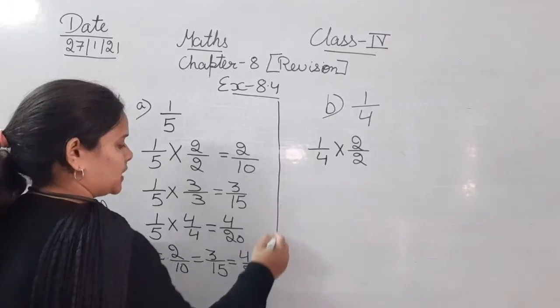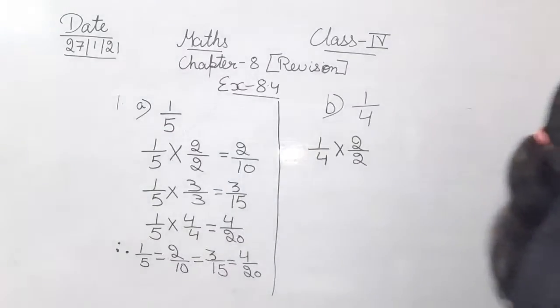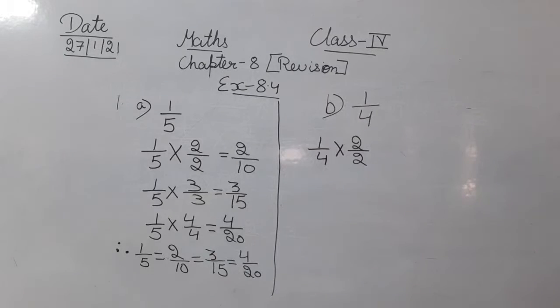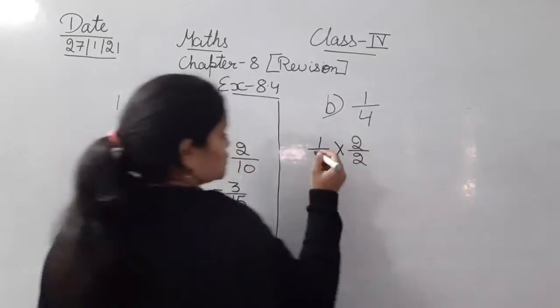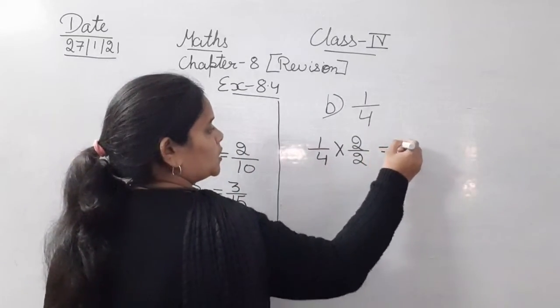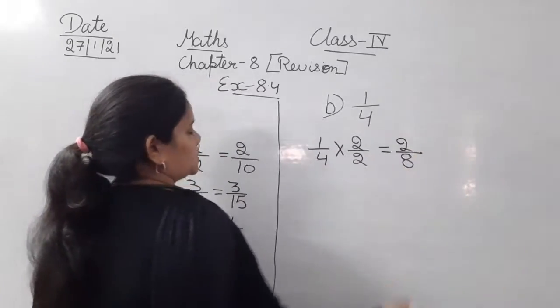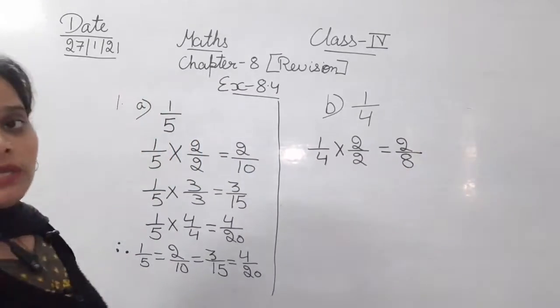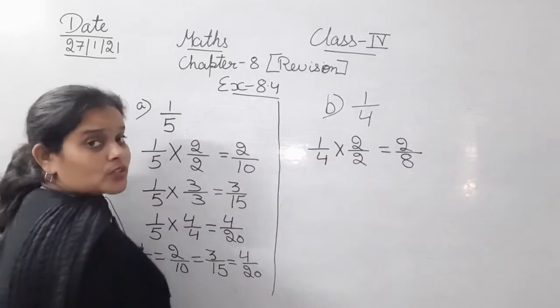As we have to find the next equivalent fraction, we will multiply this 1 upon 4 with 2. Okay, so 1 2s are 2, 4 2s are 8. Okay, so this is the next equivalent fraction.